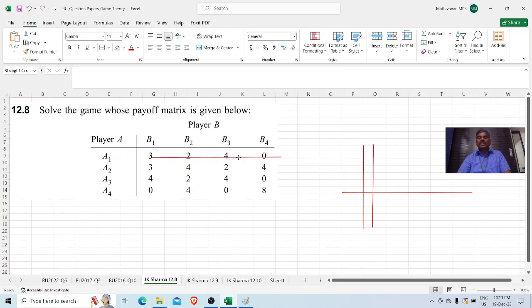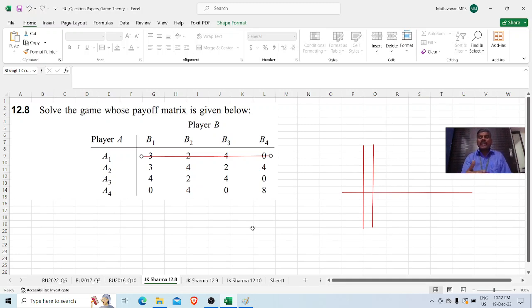So we will eliminate the first strategy, concluding that A3 dominates strategy A1. We will compare other strategies and we will find that depending on the strategies used by player B, none of these strategies are dominant over the other, A2, A3 or A4.